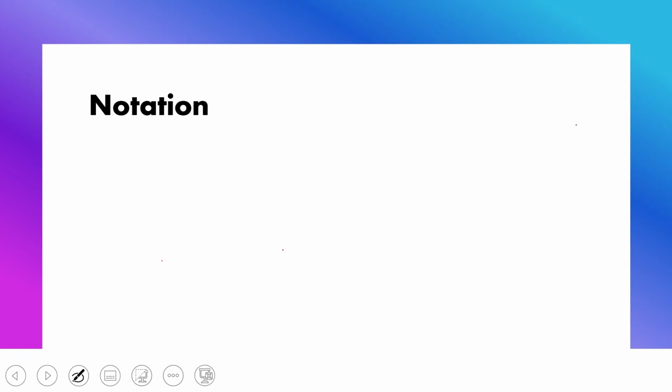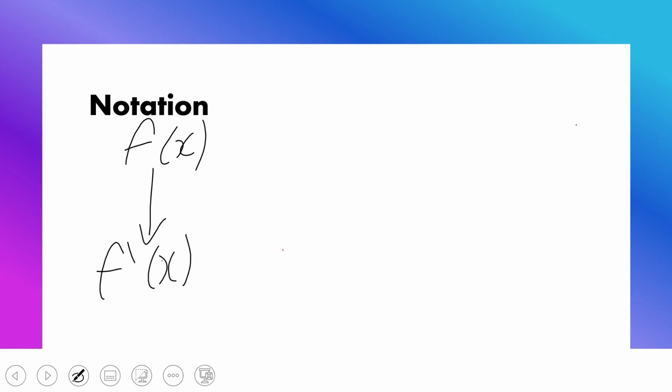But when you find the equation g of x, you call it the derivative, right? So let's say I have a function f of x, and I want to differentiate it. So when you differentiate it, you get another function, as I said, right? So how do you notate that? Well, you notate it by saying f dash x. This shows that you've differentiated it.